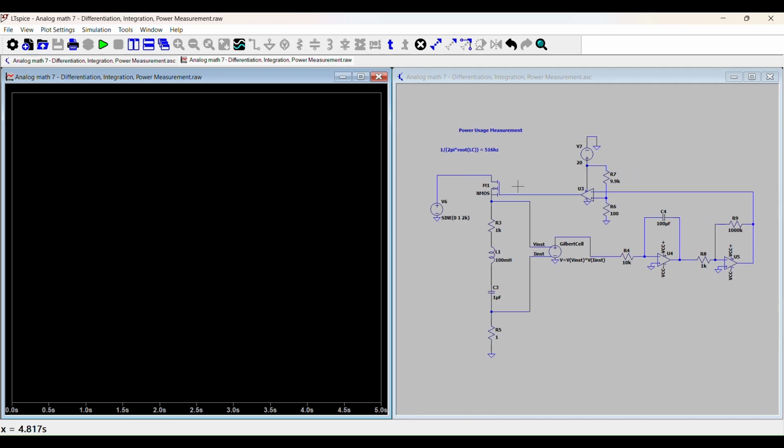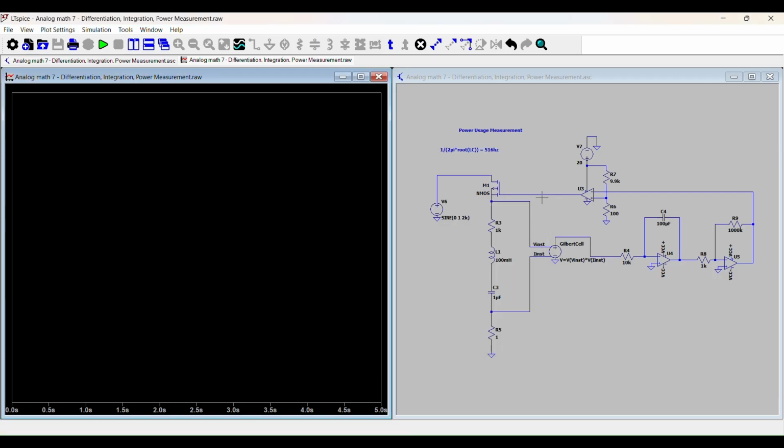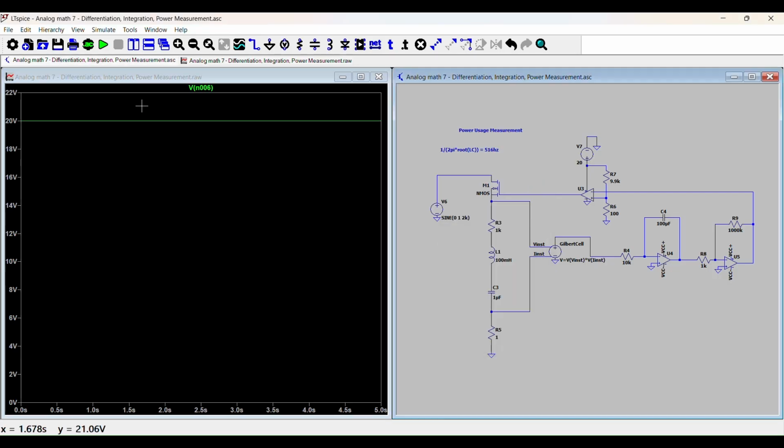So if we look at the actual energy output, you can see that the gate remains at 20 volts for the whole 5 seconds. So it never reached the 20 millijoule threshold. So why is that? Well, theoretically, the power output across the component is the highest during the resonance frequency.